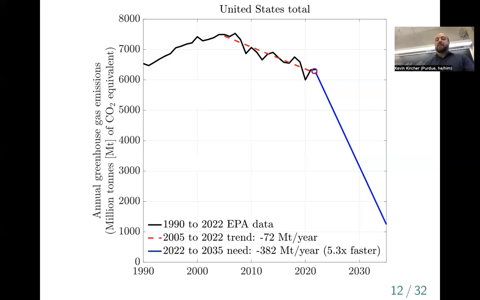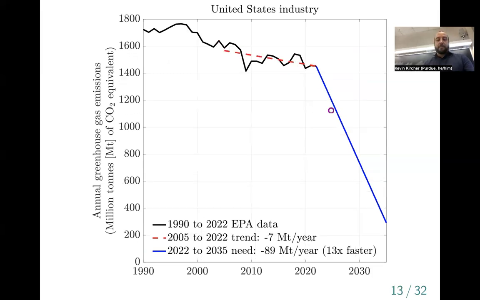I guess we're still on a roughly downward trend, but the reduction in the US between 2023 and 2024 was a fraction of 1%, so roughly constant emissions. If you look at the slope of the last 20 years from 2005, versus the slope of this needed trend, it's about a 5x increase in the rate of emission reduction that is needed.